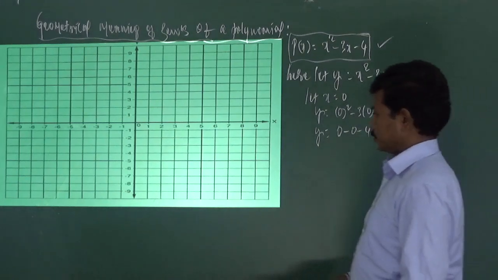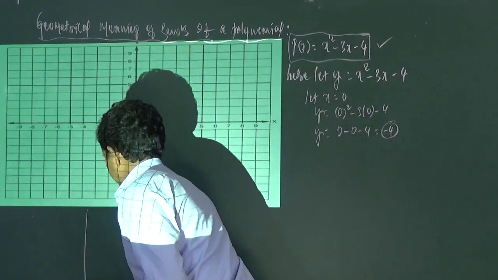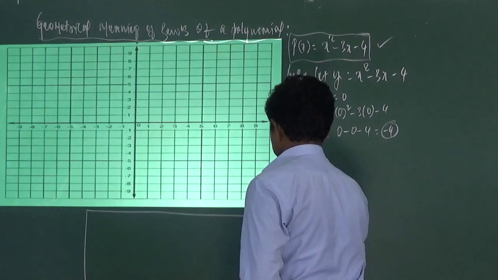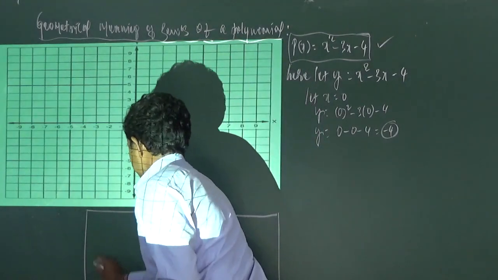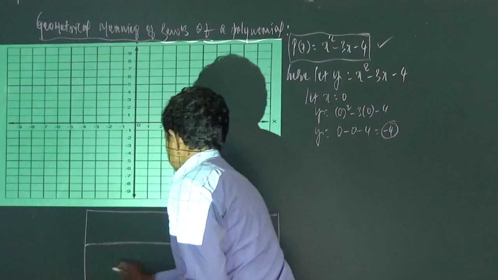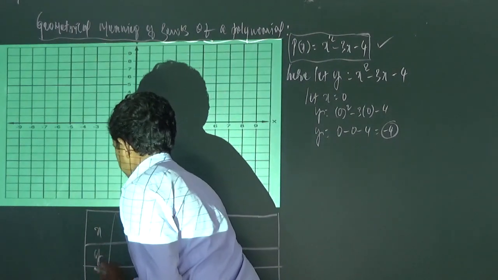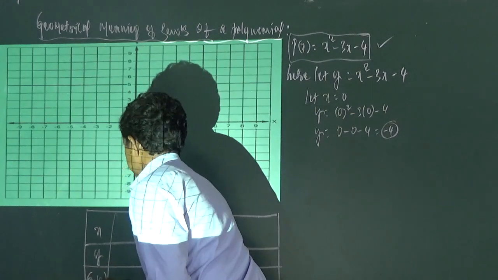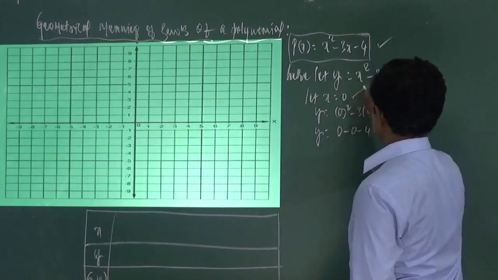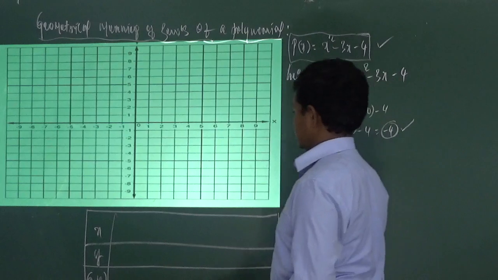So let us frame the table. I will write the table here itself so that you can easily recognize the values. This is x, this is y, and this is x comma y. I gave the value of x as 0, and I got y as minus 4.